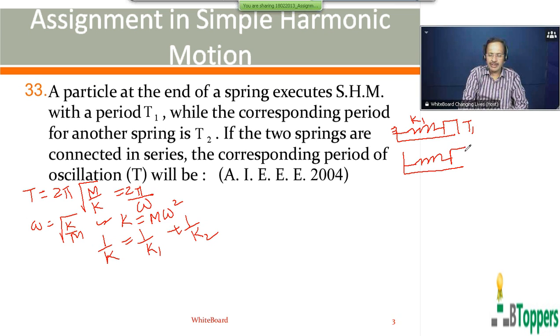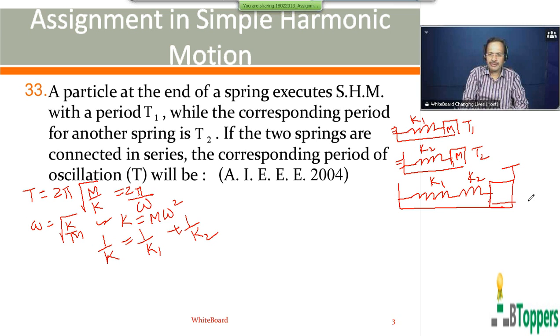When the mass m is connected only to the second spring with another force constant K2, same mass, it oscillates with time period T2. Next, the two springs are connected in series. The two springs connected in series can be treated as one spring of force constant K, which we call effective force constant.